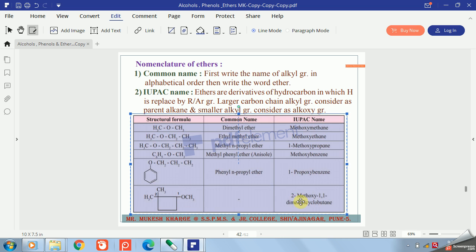So change the numbering to 1-methoxy-2,2-dimethyl cyclobutane. Okay, this is about the nomenclature.